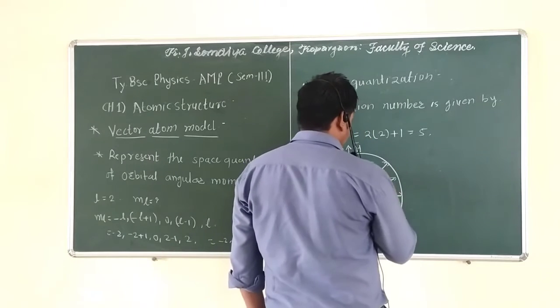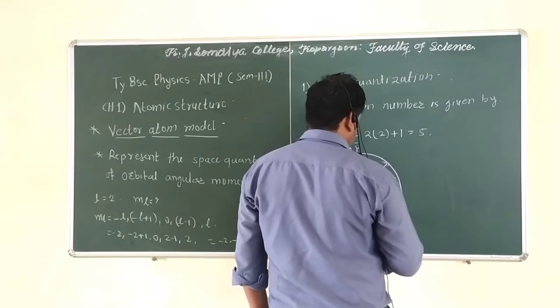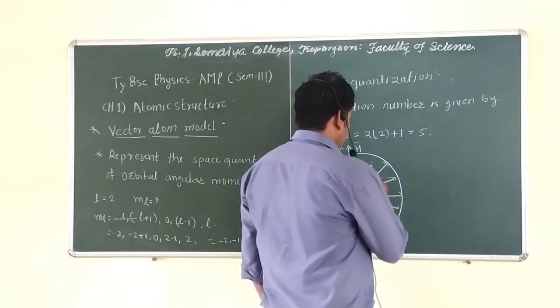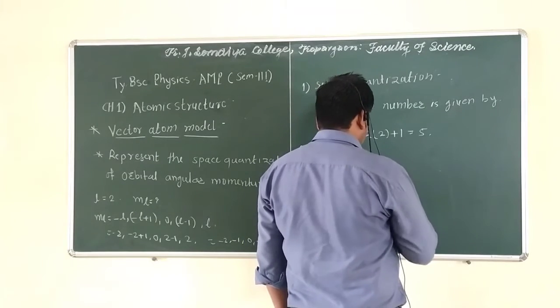We want to calculate the magnitude of the orbital angular momentum L bar, denoted by L star.